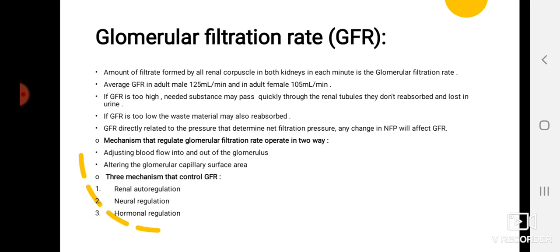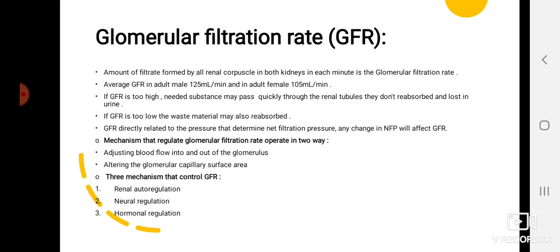You understand this line? If the glomerular filtration rate is too high, higher than the normal rate, then the needed substances cannot be reabsorbed back into the bloodstream. They are excreted out. So this is the meaning of this line.